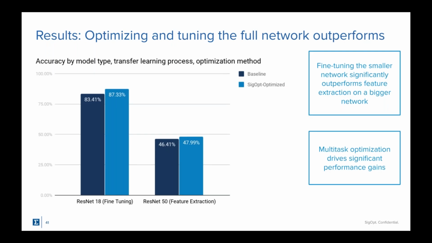And what we see here is actually a really surprising result. It was surprising to a lot of us here. The result is that taking the simpler, smaller network and doing fine-tuning produced significantly better results than taking the ResNet 50, the larger architecture, and only doing tuning on that fully connected layer.